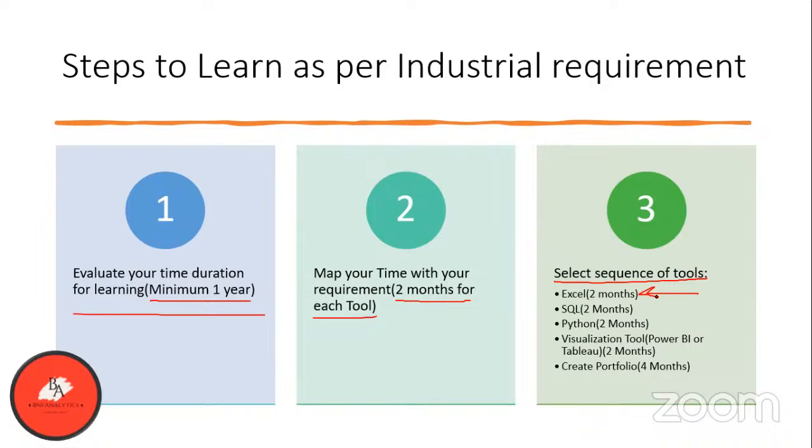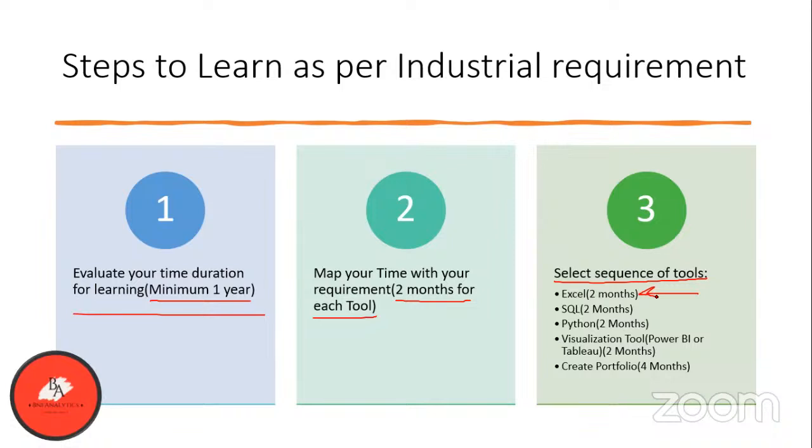Don't try to get involved in multiple tools at a time. That will not make you learn the things. Even after completing 3 months with multiple tools, you will say, I am on zero now also.